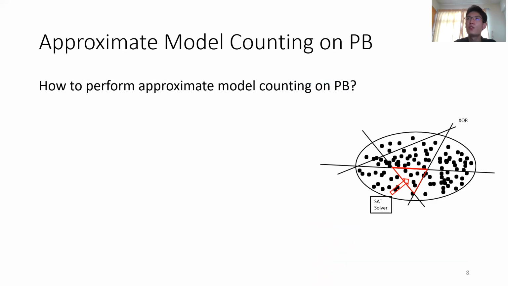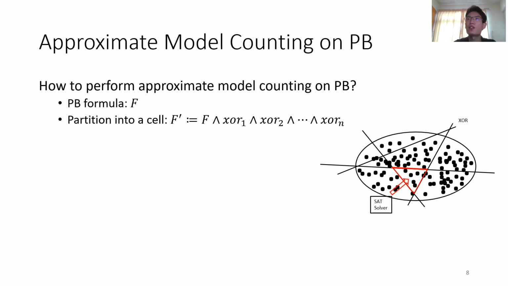Now, let's see how to perform approximate model counting on a PB formula. Suppose we have a PB formula F. As we partition the space into cells, a set of XOR constraints are added to F one by one until the cell is small enough to count solutions. We use F prime to denote the formula F conjoined with XOR constraints.